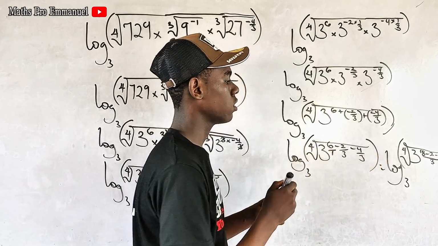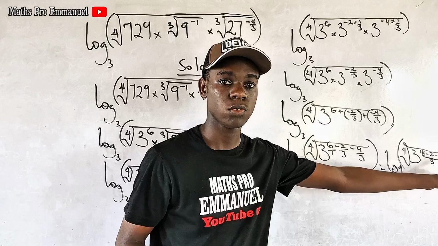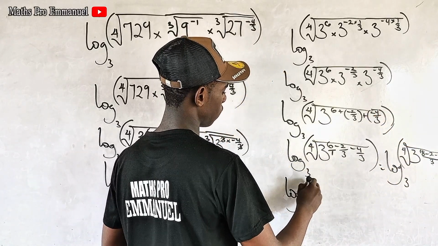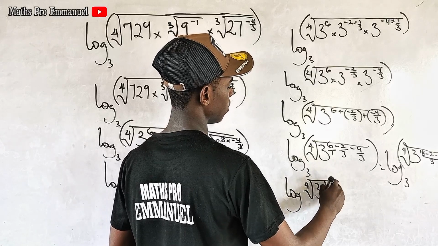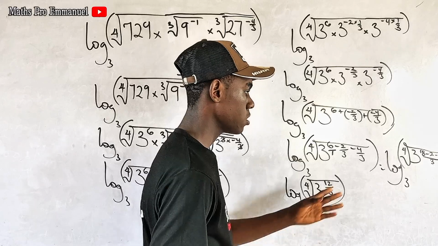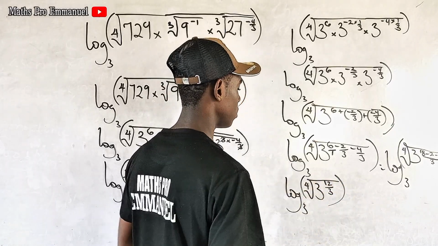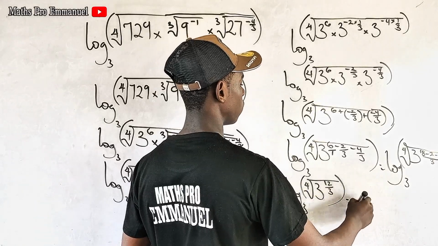Then 1 will go into 3, 3 times 6, I'll have 18, like that until you do the 2 and 4. So now I'll have log fourth root of 3 to the power of 12 over 3, all in base 3, because 18 minus 2 is 16, and 16 minus 4 is 12. So 12 divided by 3, I'll have 4.